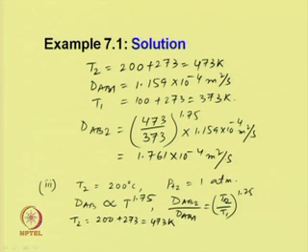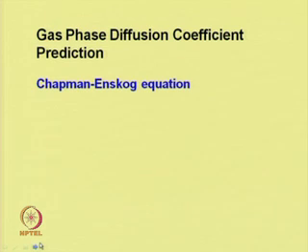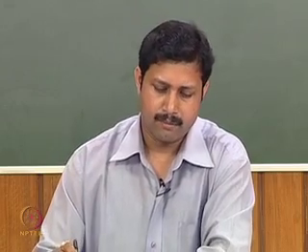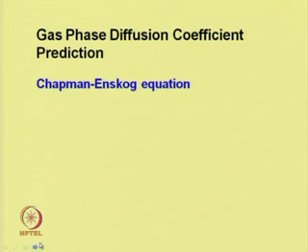There is another important, useful correlation, which is the Chapman-Enskog equation. In this case, the equation is derived based on the kinetic theory of gases, and the diffusion coefficient calculated from this equation is strongly dependent on the binary interaction parameters of the mixture pair.